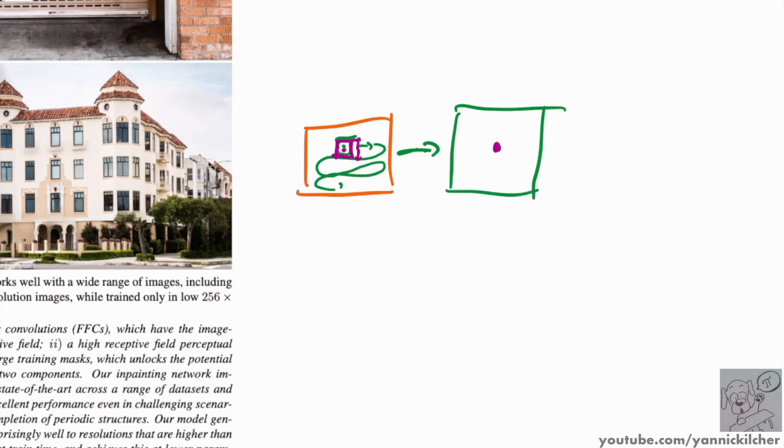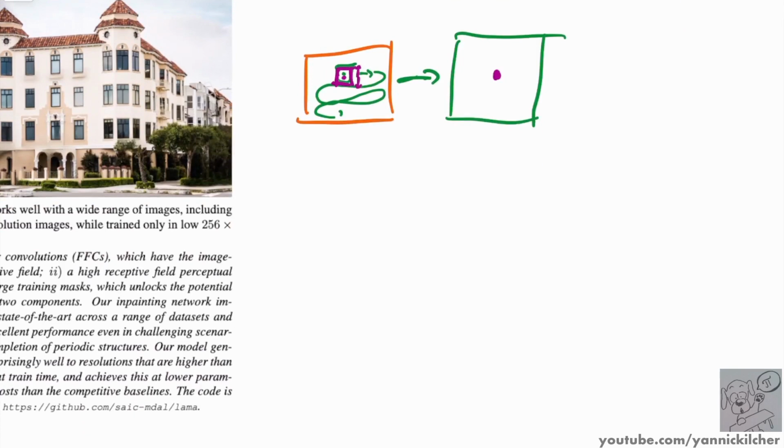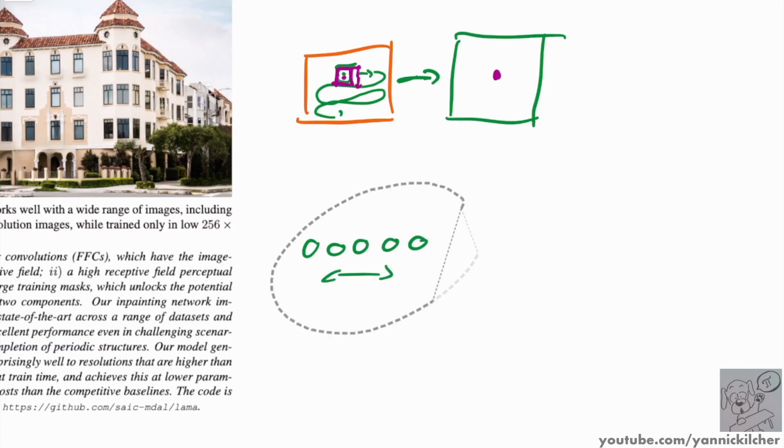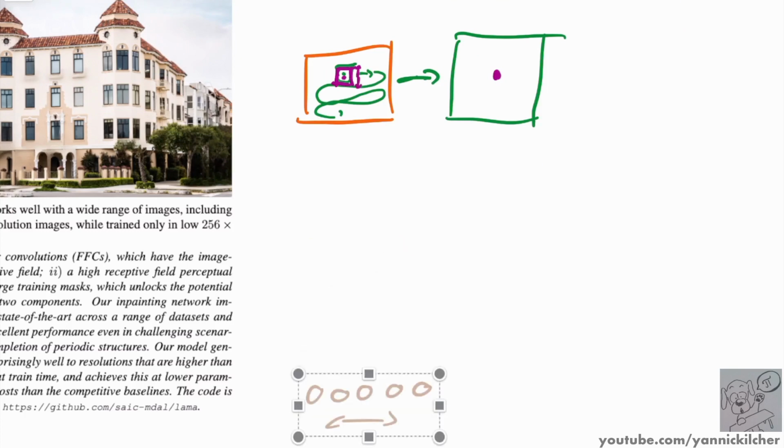So how does a convolutional neural network integrate information across the whole image? And the answer to that is by going for multiple layers. So if I simply represent the picture as a set of pixels in 1 dimension, imagine that the 1 dimension here is the picture, and I'm going to need a bit more space for that. So as you can see, from the first to the second layer, let's say we look at this particular point right here, it's going to have a receptive field of 3, so it's going to look at these pixels right here.